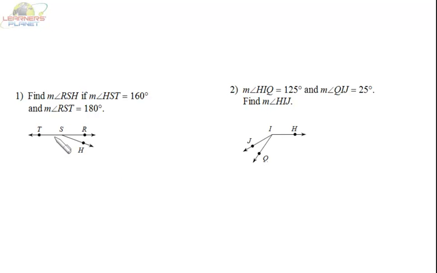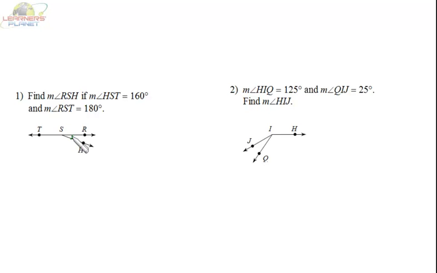Now let's see this first question. Find angle RSH if angle HST is 160 degrees and angle RST is 180 degrees. So just see, RST is a straight line, 180 degrees, and we have to find out the measure of RSH.